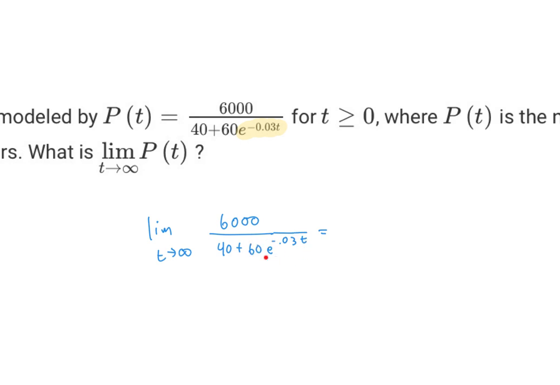Really, we just end up evaluating the limit of this exponential, the part that contains our variable, and then whatever this equals, we substitute it into this expression. So we realize this exponential will equal 0. So this is going to be 6,000 over 40 plus 60 times 0, and then simplify that. It's 150.